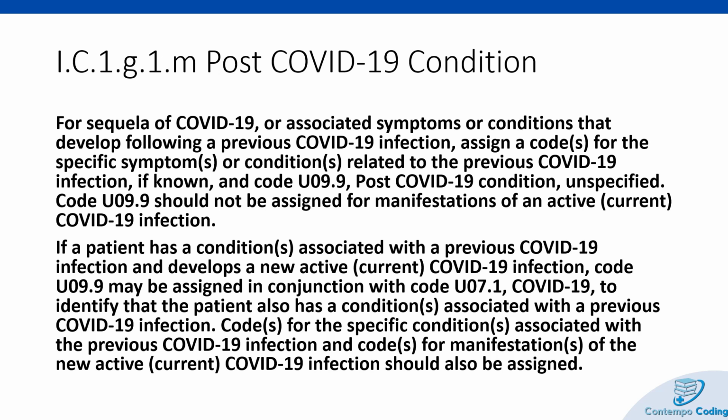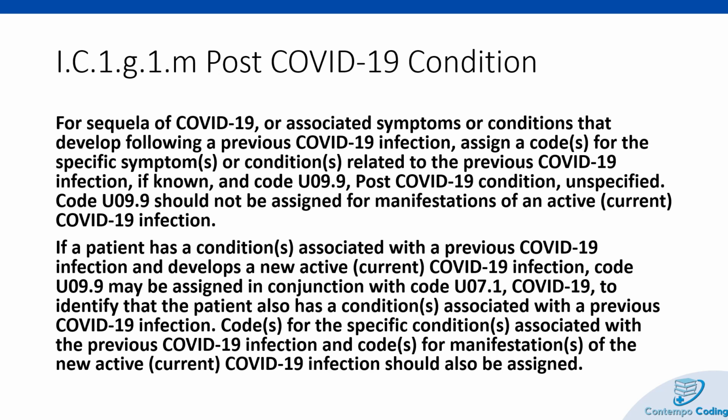If a patient has a condition associated with a previous COVID-19 infection and develops a new COVID-19 infection, so now they're reinfected with COVID-19, code U09.9 may be assigned in conjunction with code U07.1, COVID-19, to identify that the patient also has a condition associated with a previous COVID-19 infection.